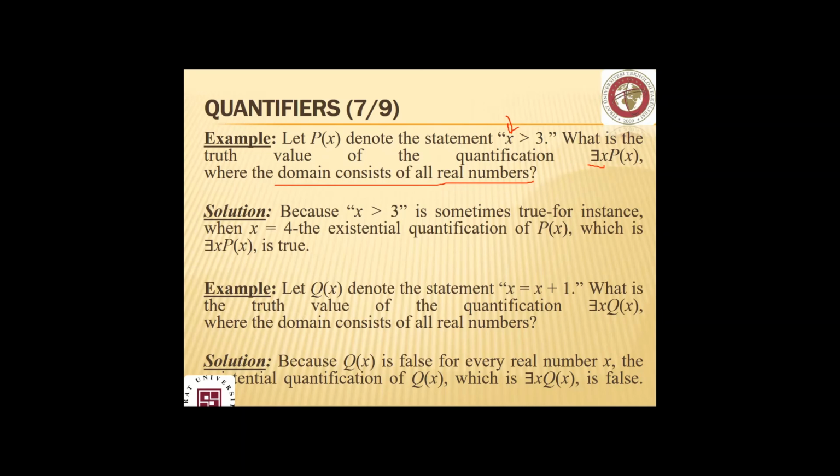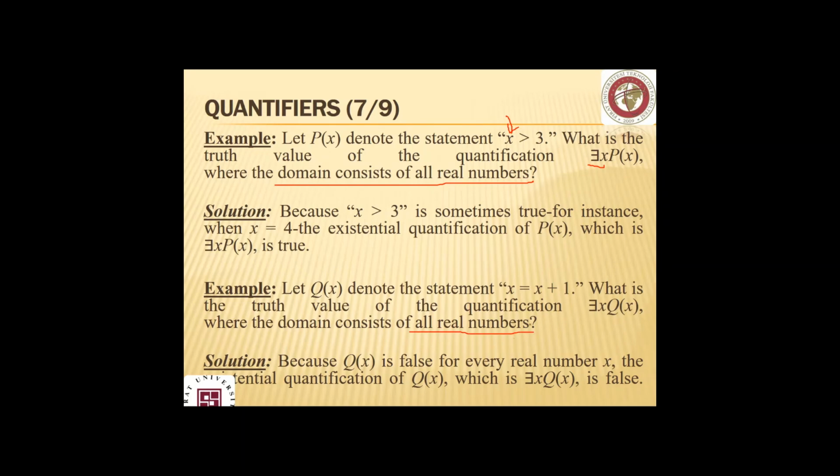Let's take another example. Let Q(x) denote the statement x equals x plus 1. Is that mathematically possible? It's not. So for this case, what's the truth value of the quantification: there exists a value x such that Q(x) is true in the domain of real numbers?